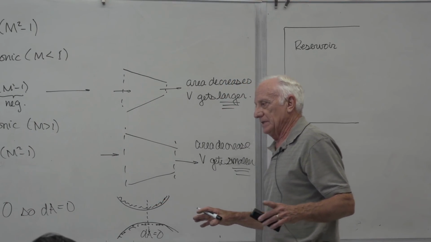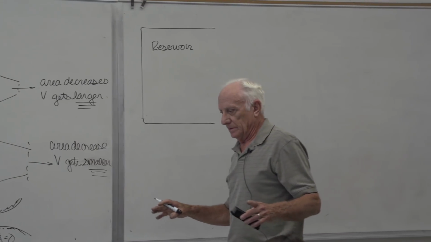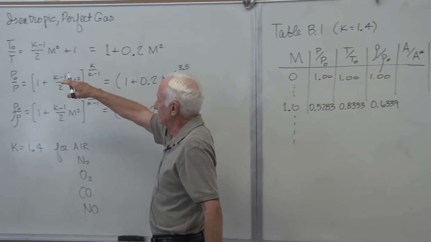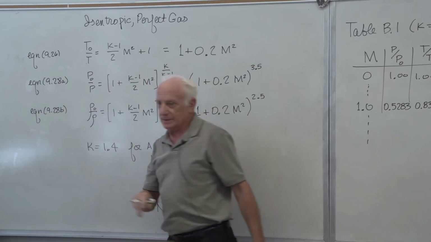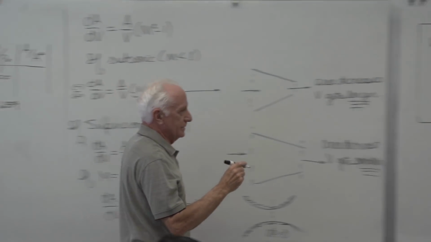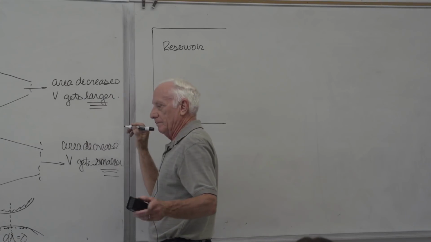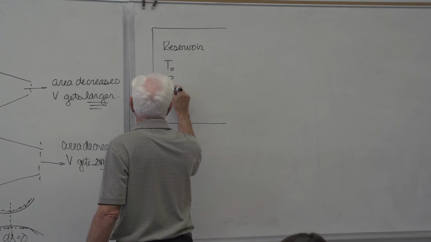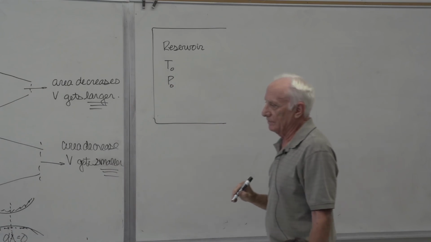The fluid velocity in the large reservoir is at rest. If it's at rest, I'm going to attach the subscript 0 to it: T0, P0. In the reservoir, the temperature and the pressure are called the stagnation temperature and stagnation pressure. Okay, that's my reservoir.